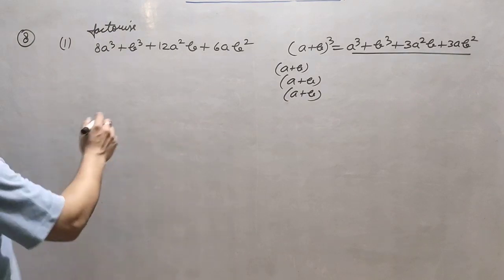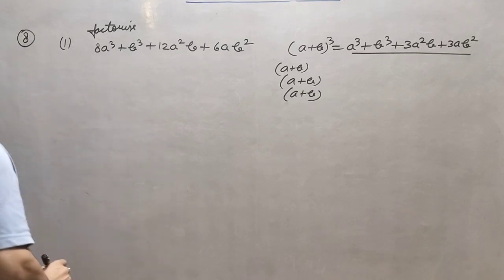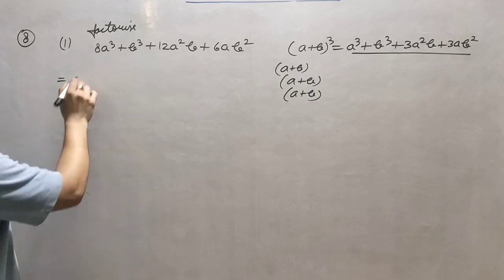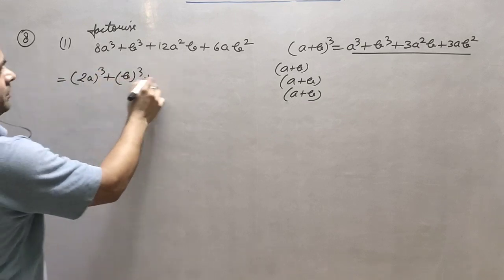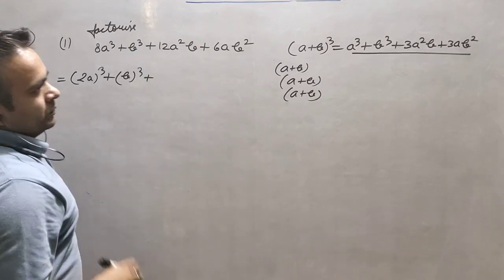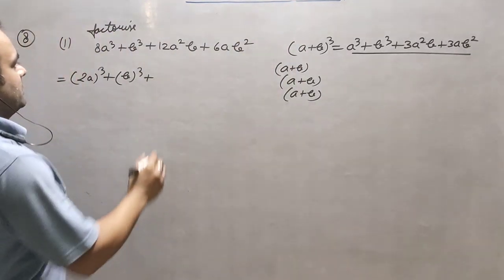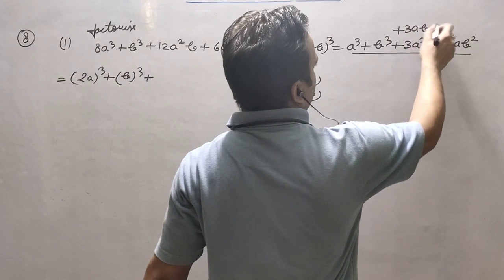First of all we will make a perfect cube for each term, so that we can compare with the identity which is written here. 2a cube is already in perfect form. Now what we have to do, I have opened the bracket in this identity, right? If you do not want to open it, then you can write it like this also, 3ab and (a + b).